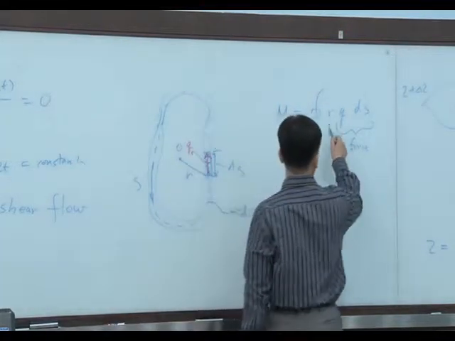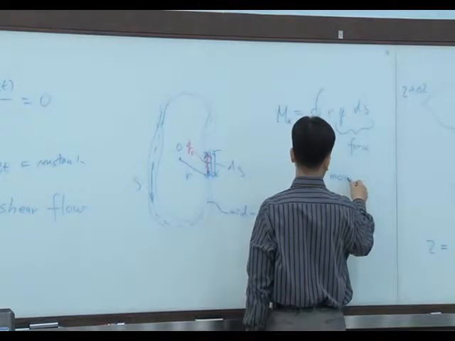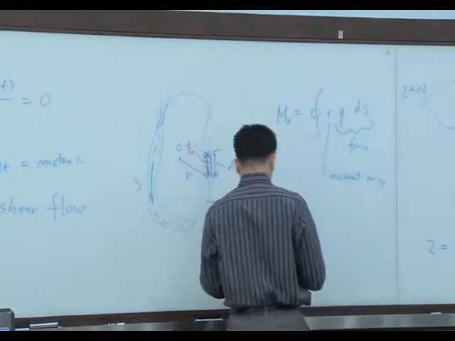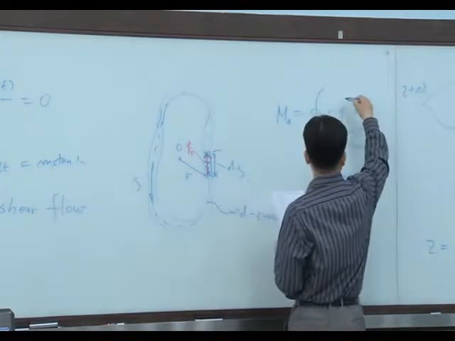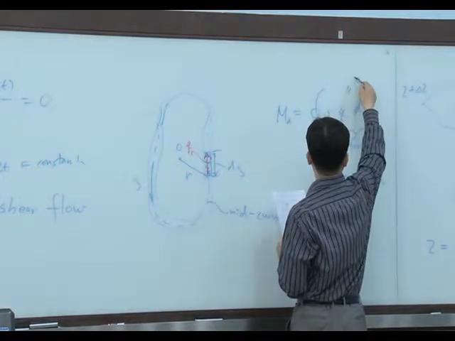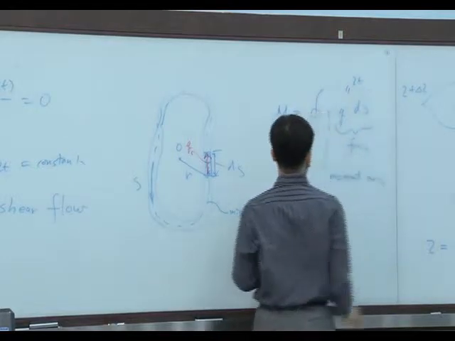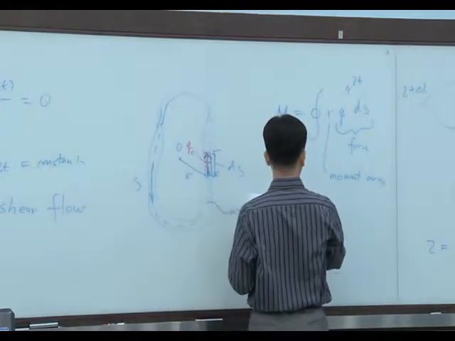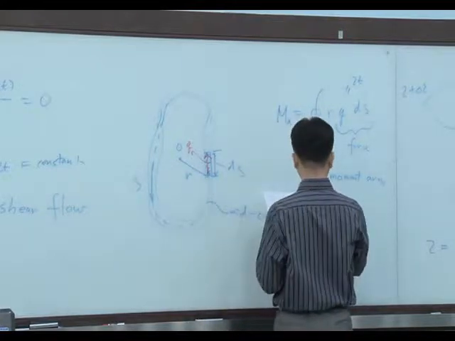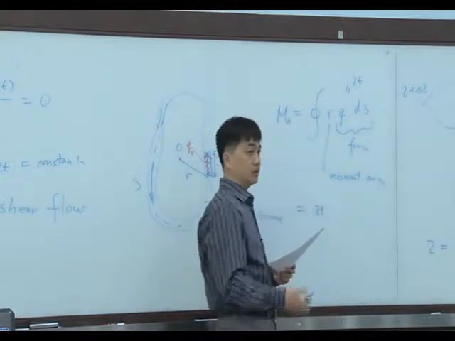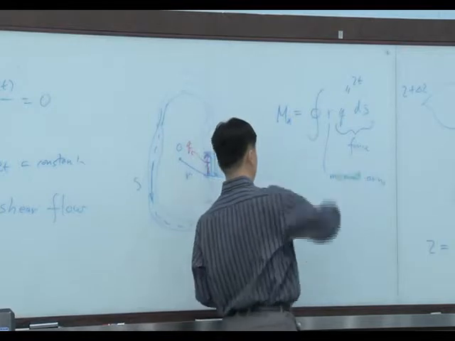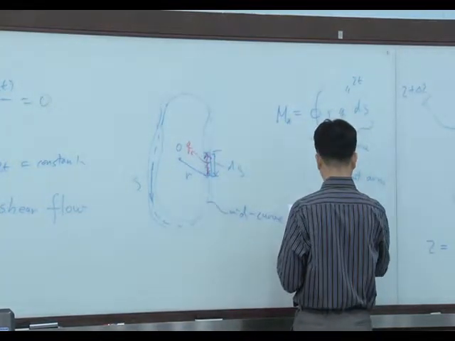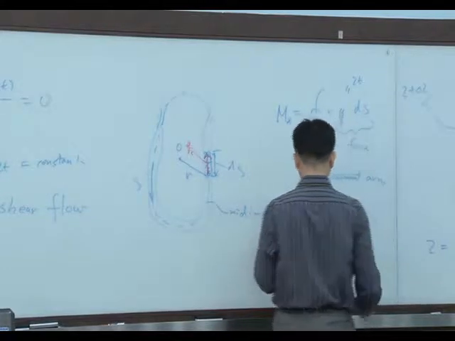This r is a moment arm. Okay, and q equals tau t. Then this becomes tau t, because tau t is constant, so it can be outside of the integration, r ds, right?